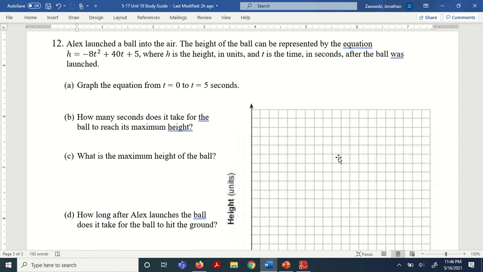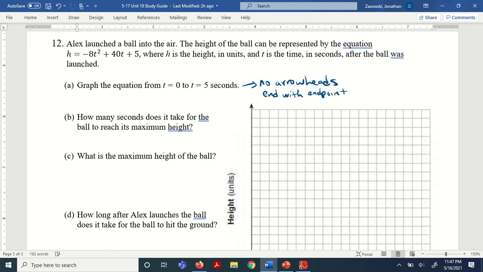So I'm going to graph. Now this is giving me an interval. So when I see what it wants me to graph, this tells me that I'm not doing any arrowheads. And I'm ending with endpoints.